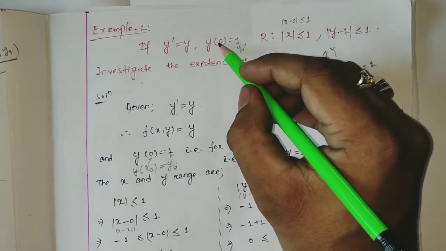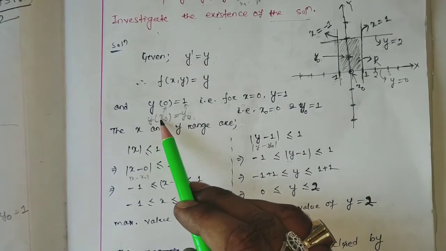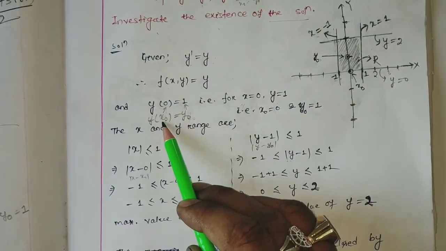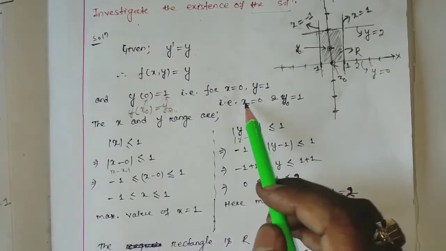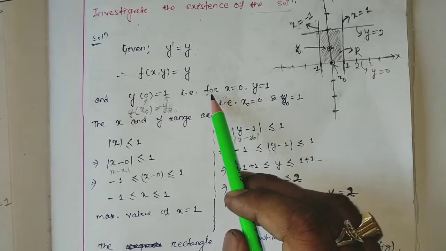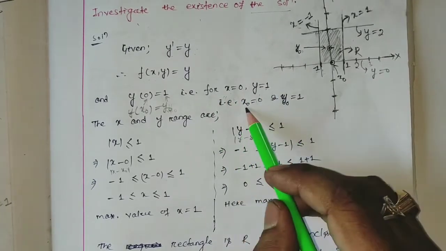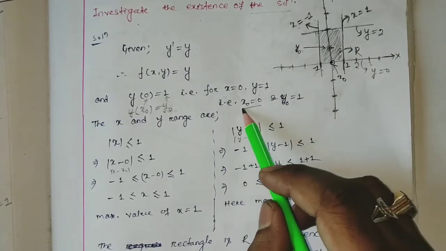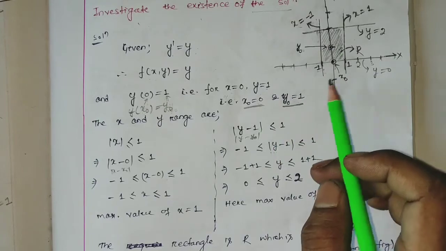That means x0 = 0 and y0 = 1. I have written it clearly: for x0 = 0, y0 = 1. This is the initial value that is given.